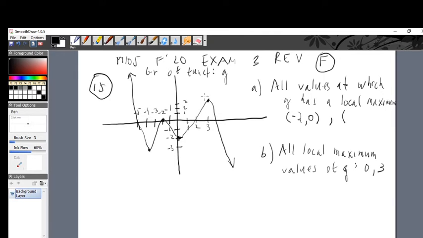What about the coordinates of this other maximum? The point over here is 3 on the x-axis, and it's 3 on the y-axis. It's 3 and 3. So it's 3 comma 3.